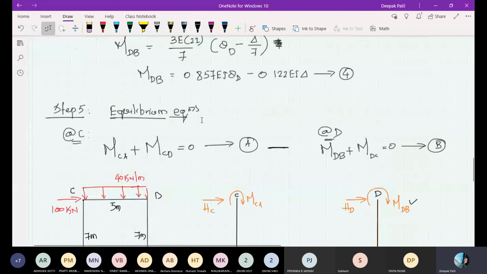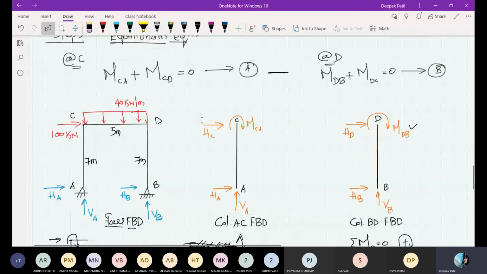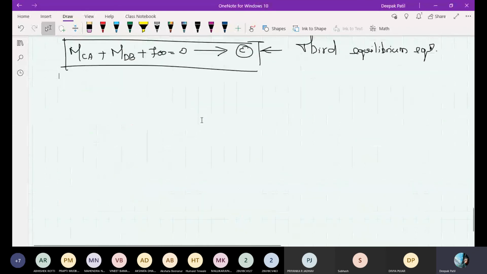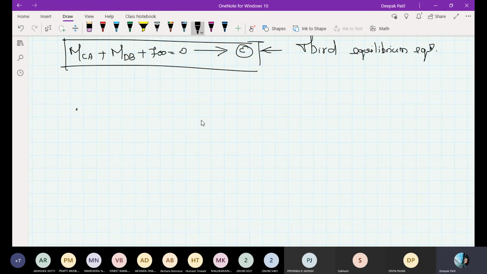Now I will write down all those equilibrium equations once again, separately. Our equation A, that is at joint C, the equilibrium equation is MCA plus MCD equal to 0. This is our first equilibrium equation.